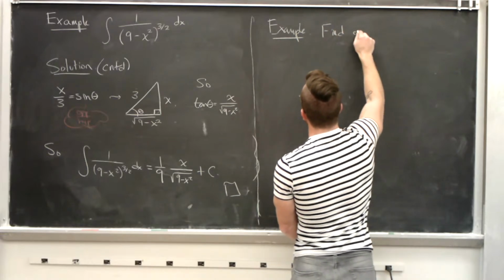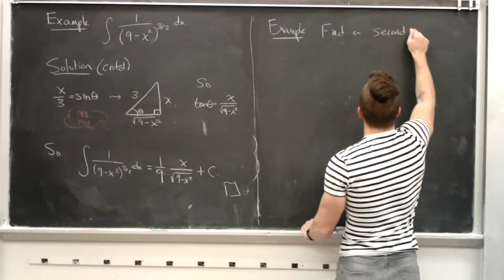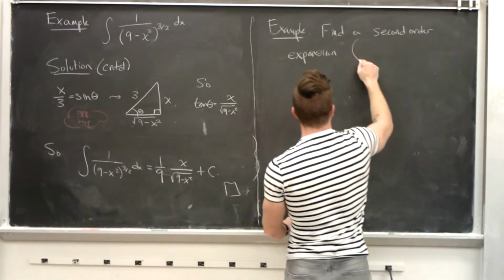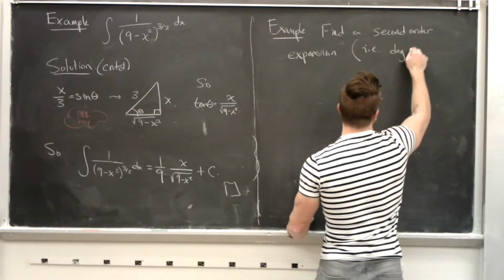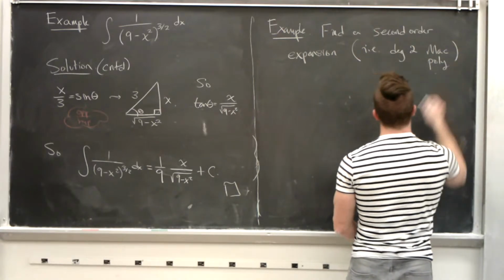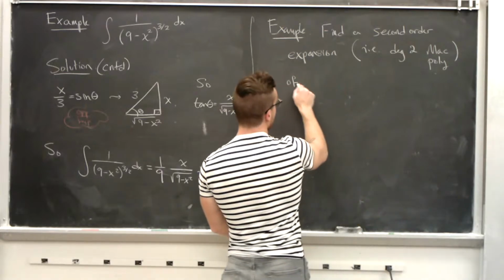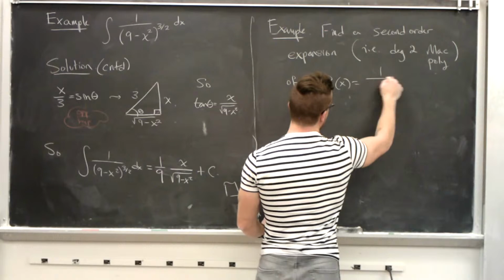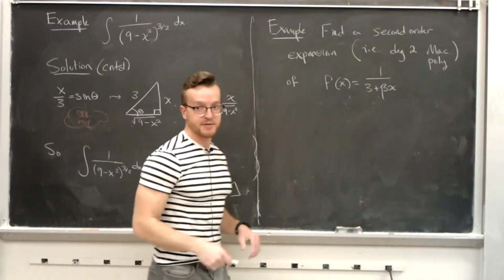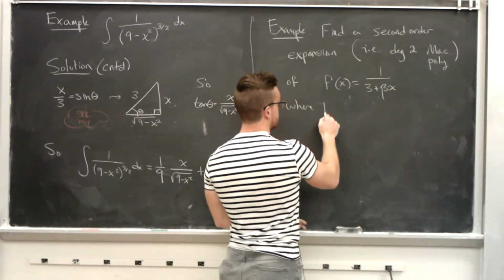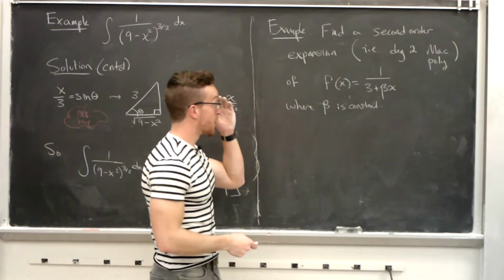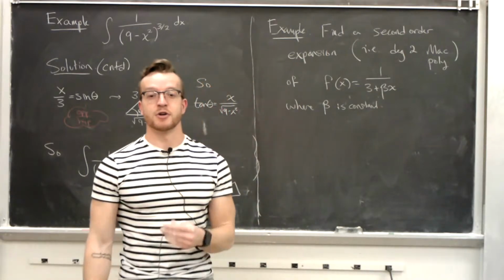Find a second order expansion, in other words, the degree 2 Maclaurin polynomial of the function 1 over 3 plus beta x, where beta is some constant. And we may as well just find the Maclaurin series and then truncate it.